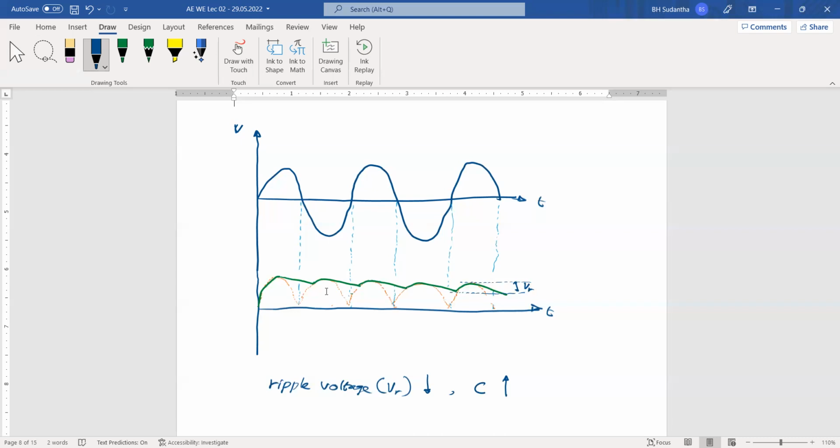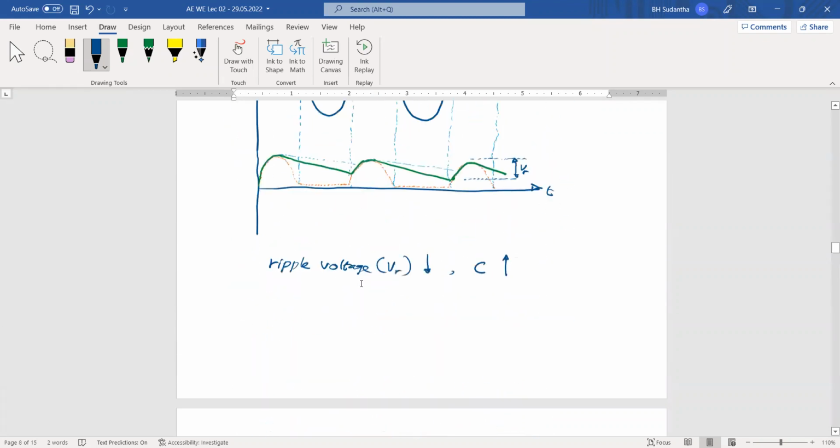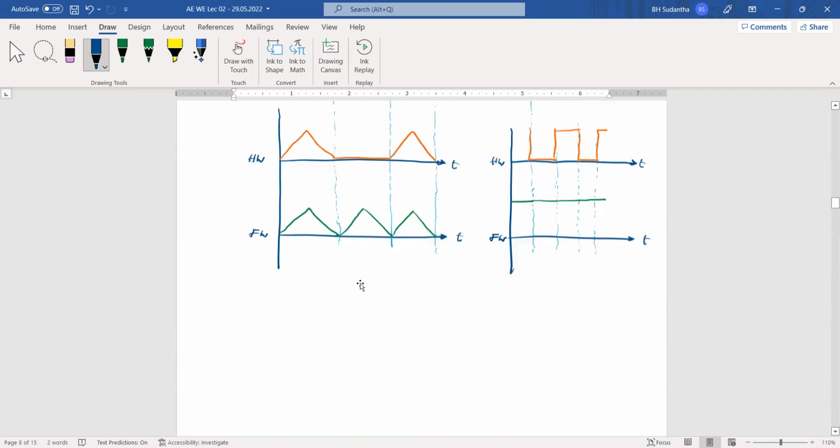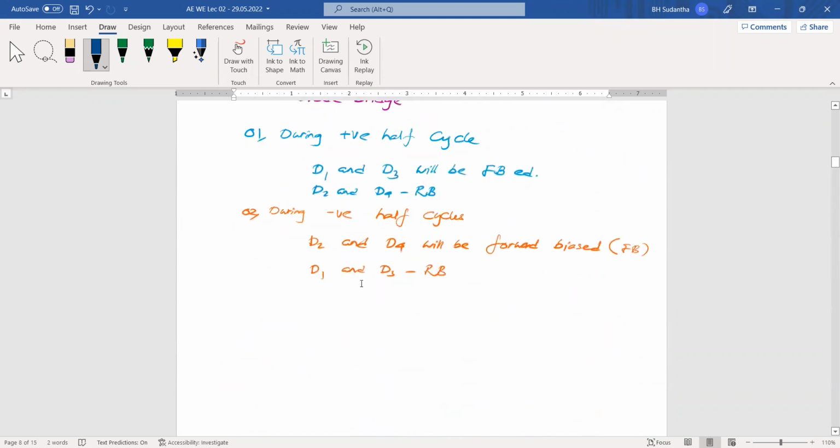Okay. The first application is that we can use this diode as a switch. Various things we can do with that. You can have some kind of protection circuits also. This diode switch application, I will draw maybe in a couple of minutes. After that, the second application is rectification.